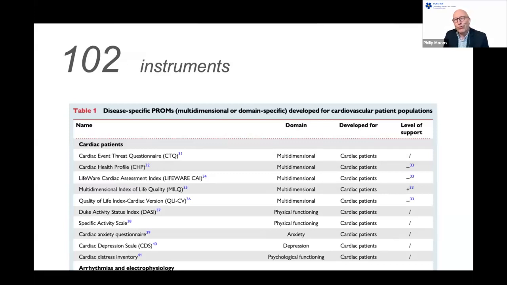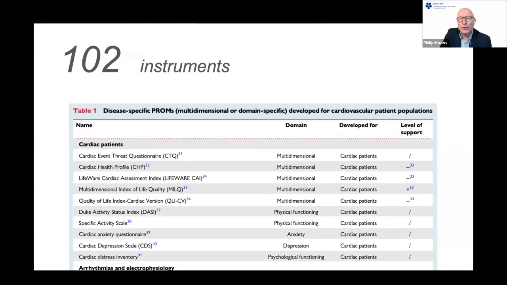We took a slightly different approach than what John has done, clearly because the aims were different. Overall, we identified 102 disease-specific patient-reported outcomes. Disease-specific being a multidimensional or a domain-specific instrument.